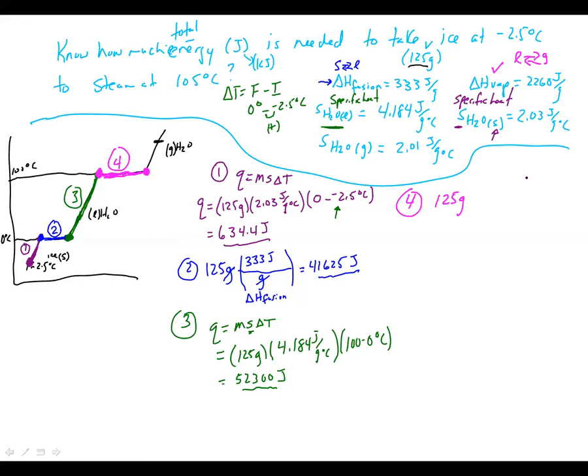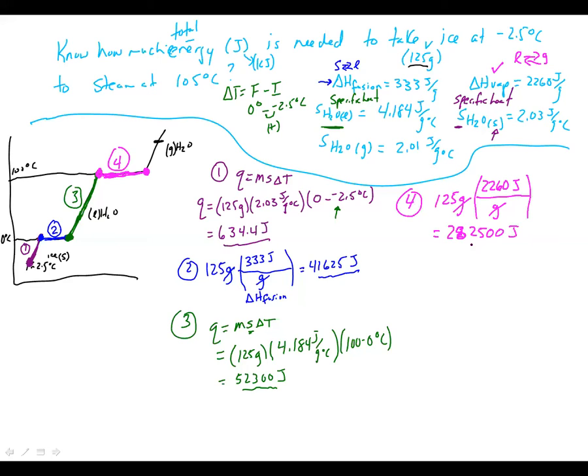We're going to use our heat of vaporization, also going to be a positive number here because it's endothermic. The grams will cancel each other out, and we will end up with a big old number there, and it is 28,250 joules.